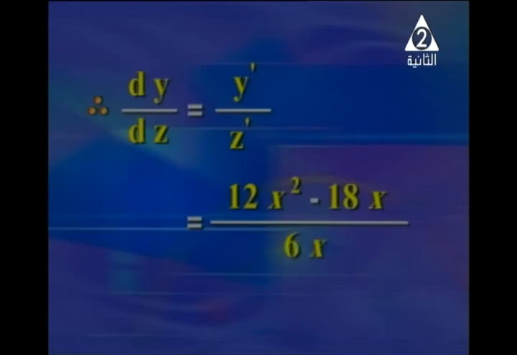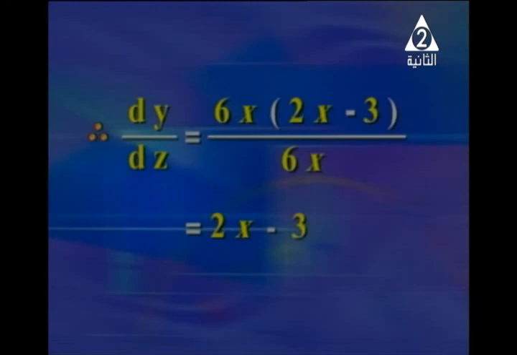What is dz over dx, or z dash? It equals 6x. By using the highest common factor, dy over dz is 6x multiplied by the bracket containing 2x minus 3, over 6x. Therefore, dy over dz equals 2x minus 3.